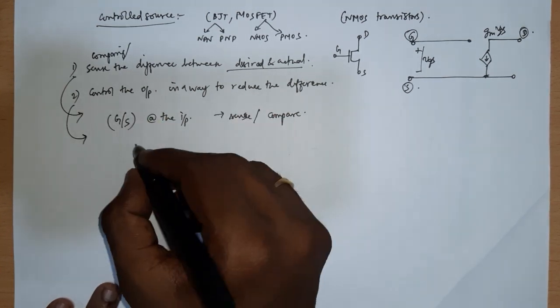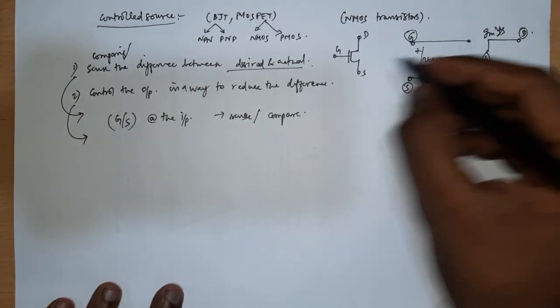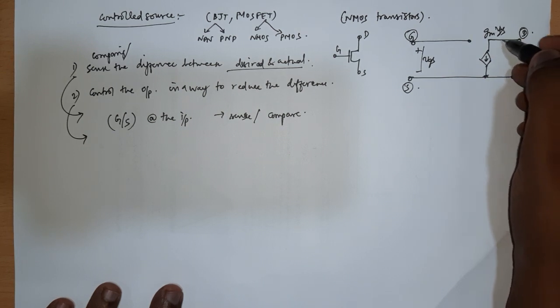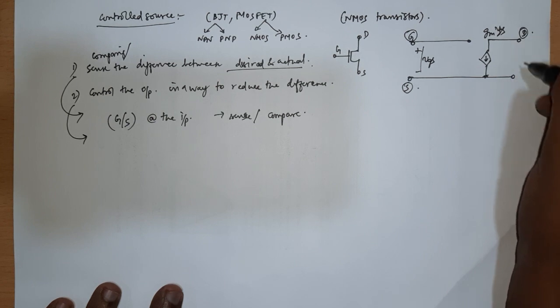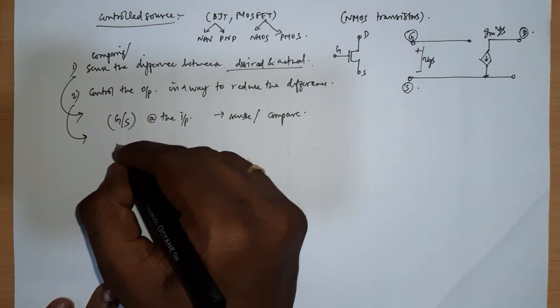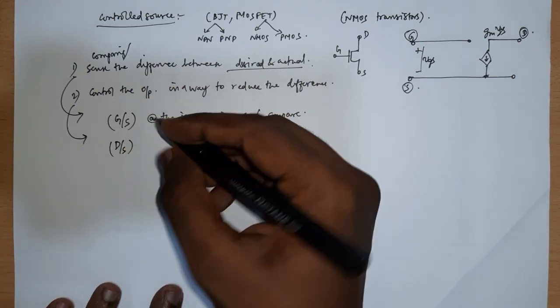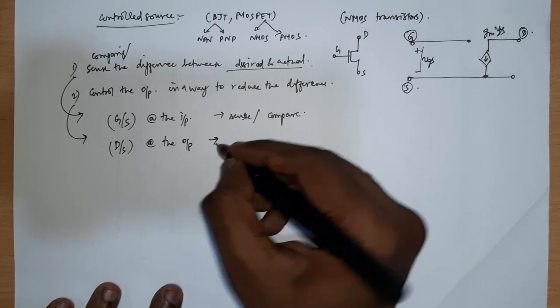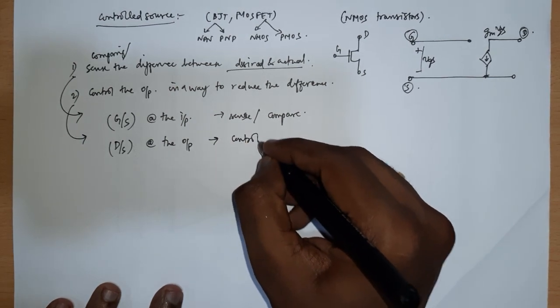And controlling the output to reduce the difference: the output is the output current here, and it can be controlled either at the drain or the source terminal, because these two terminals constitute the output. So you have the drain or source terminal at the output for control.